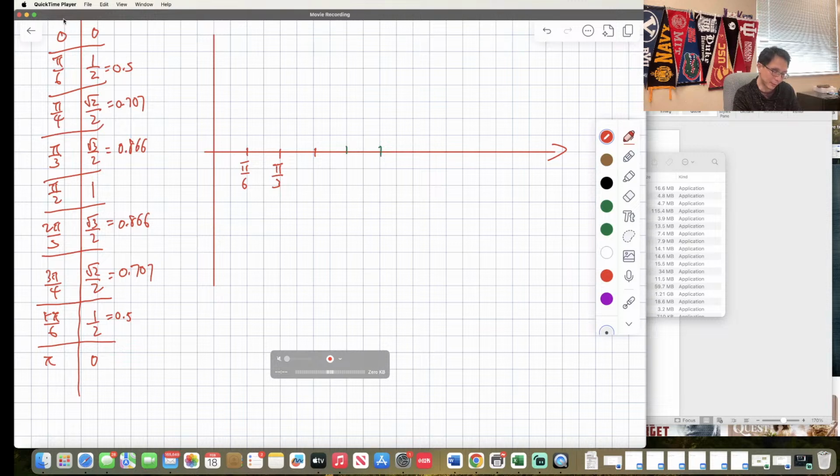So the middle is pi over 4, and then pi over 3, 2 pi over 3, 2 pi over 6. So this is pi over 2. And then another 30 degrees.